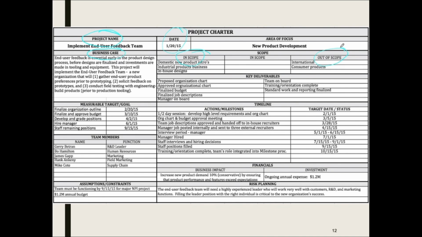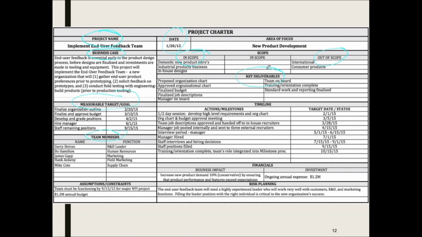You also have some measures about the goals. Usually for this project they have dates. In some projects your measures will be monetary figures, if you reach some reduction in the cost or revenue obtained, so you can also add them here. You add the team members and their roles. You have to identify the key deliverables.